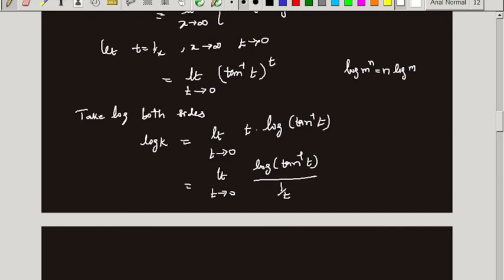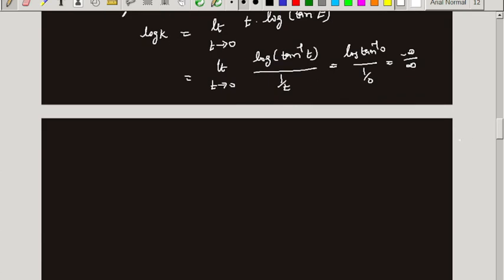So if we apply 0, log tan inverse of 0, tan inverse of 0 is 0, and 1 by 0, so here we get minus infinity by infinity. Now apply L'Hospital rule.